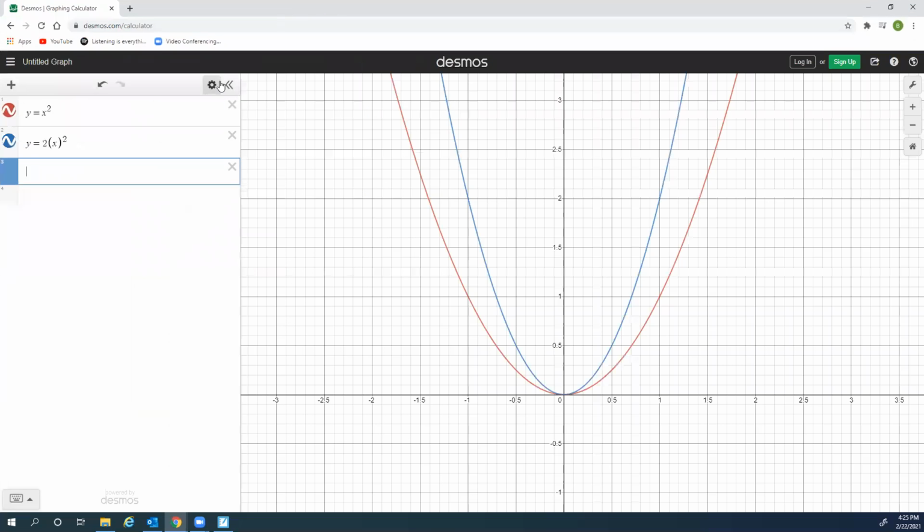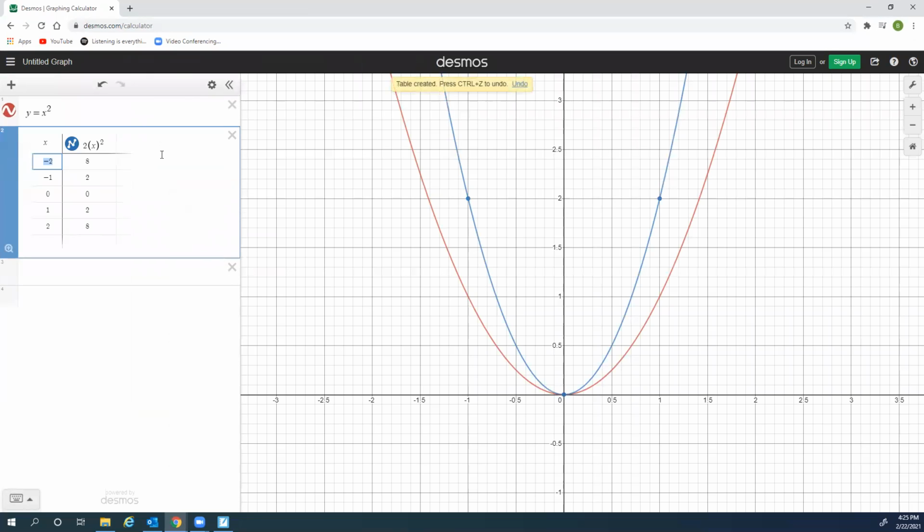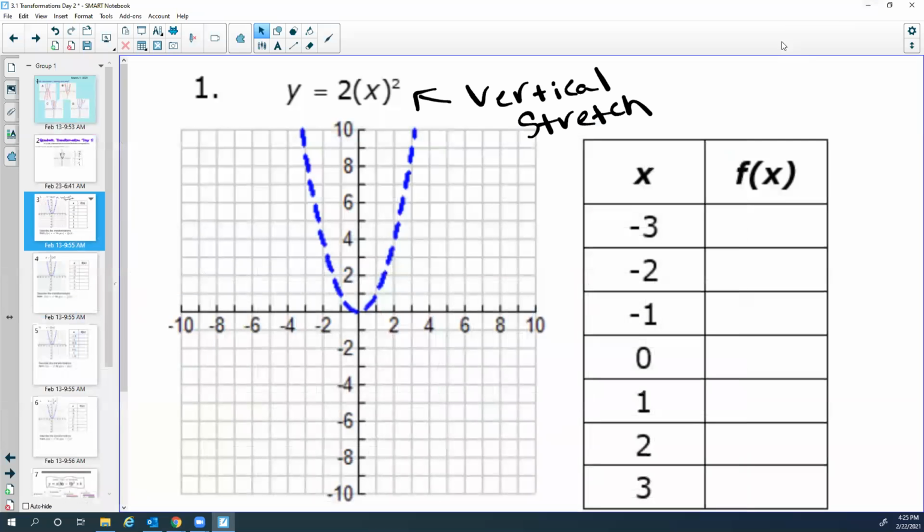Now again, if I go back to my graph here, and let's say I wanted to take a look at the table, some of the coordinates on the table: 0, 0, -1, 2, -2, 8. Those are the coordinates I would plot.